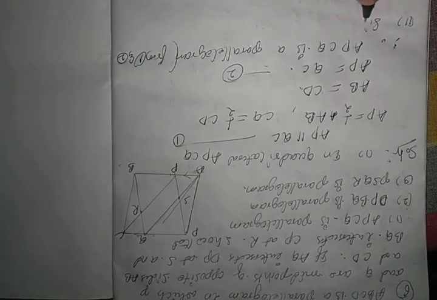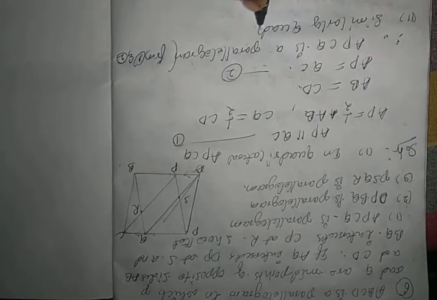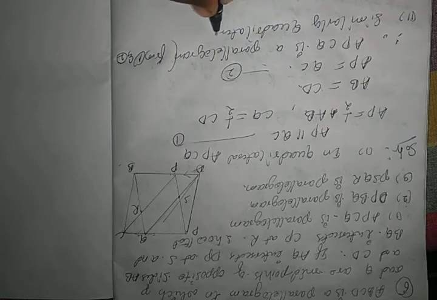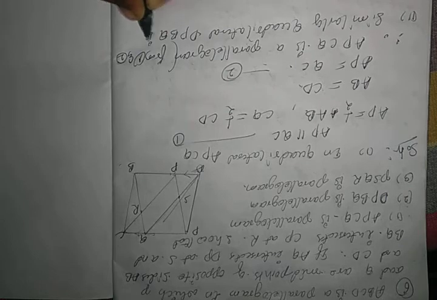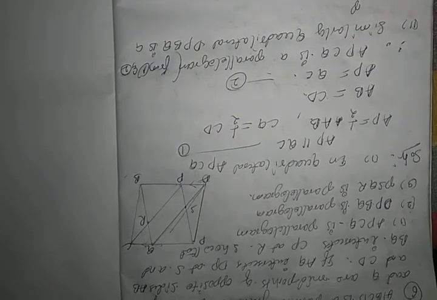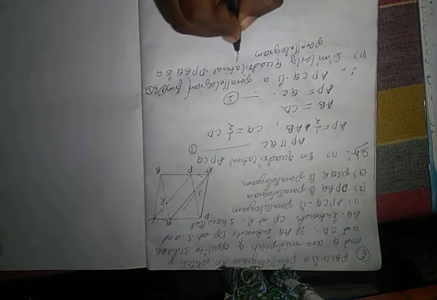Similarly, quadrilateral DPBQ is a parallelogram because DQ is parallel to PB, and also DQ is equal to PB.